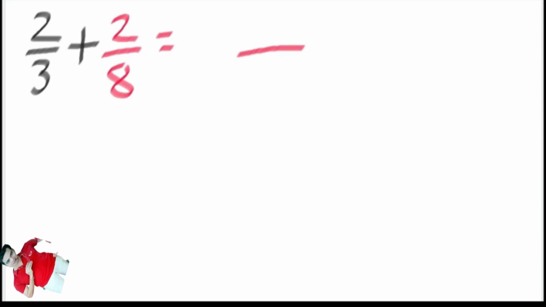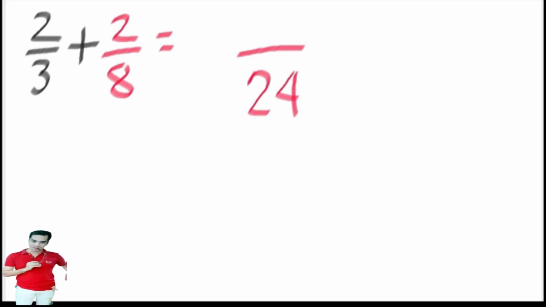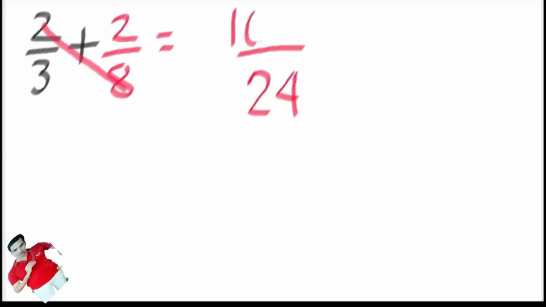Next example: 2/3 plus 2/8. What is the LCD of 3 and 8? The LCD of 3 and 8 is 24. Then, cross multiplication. 2 times 8, the answer is 16.